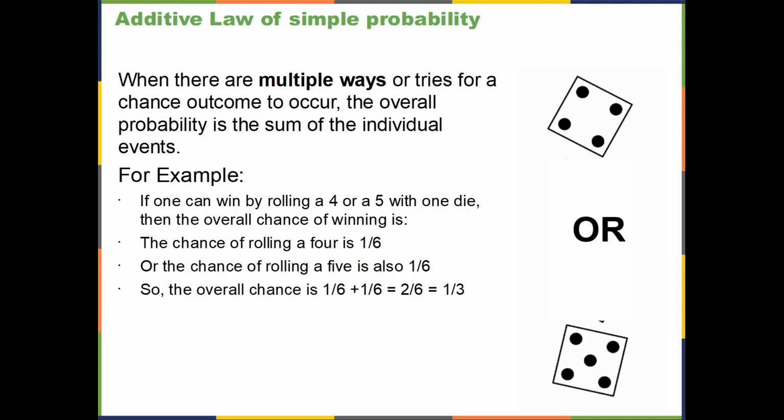So you have a 1 in 6 chance of winning with a 4. You have a 1 in 6 chance of winning by rolling a 5. Because these are 2 ways out of 6, you really have 2/6, which is 1/3, right? So they add. You have 2 chances out of 6 possibilities to win. That's 1 out of 3.